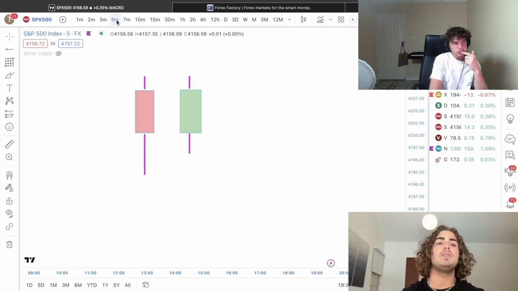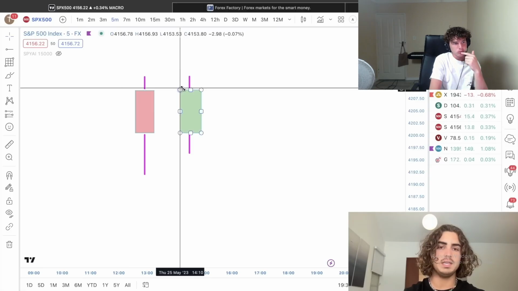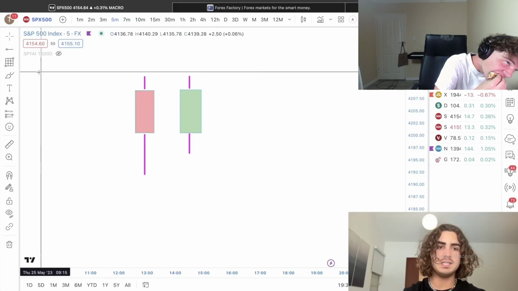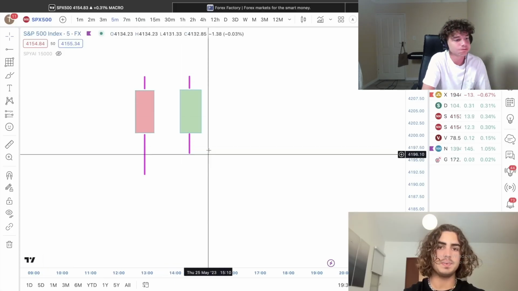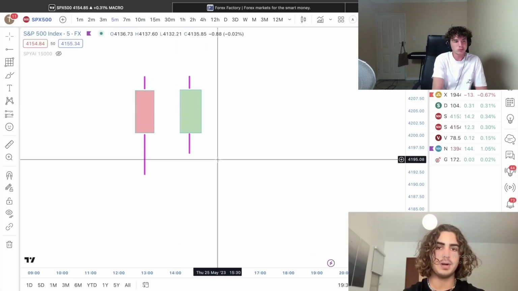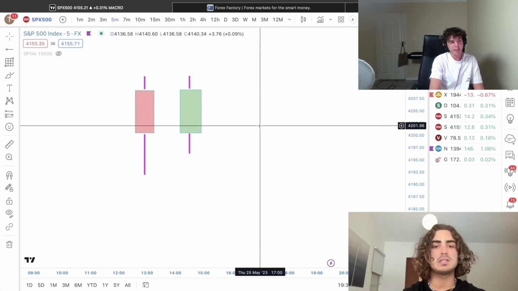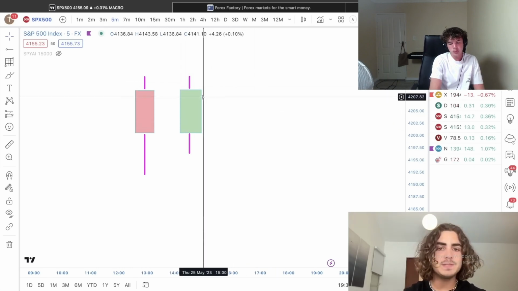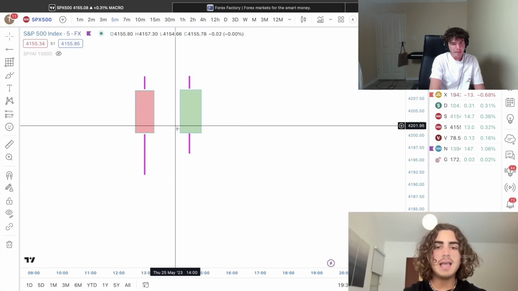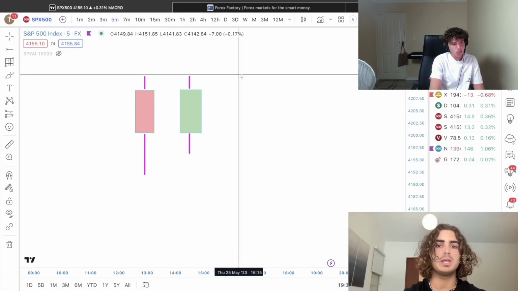Okay, so if we are on the 5-minute chart, which we are on currently, and this is an actual candlestick within the chart, this candle represents 5 minutes of price action, of price movement, okay? And the reason why these candlesticks are so beneficial is because we can read and see exactly what price did within those 5 minutes with just this one candlestick.